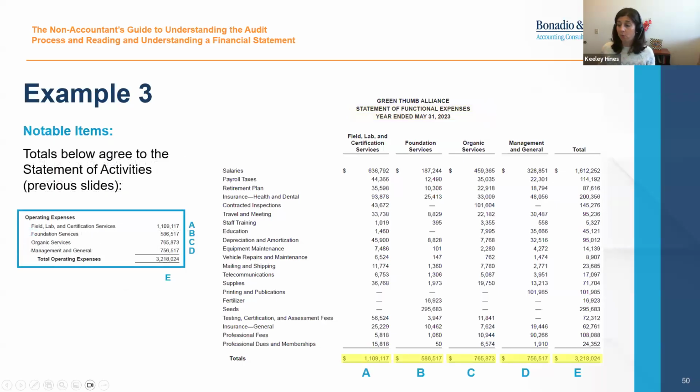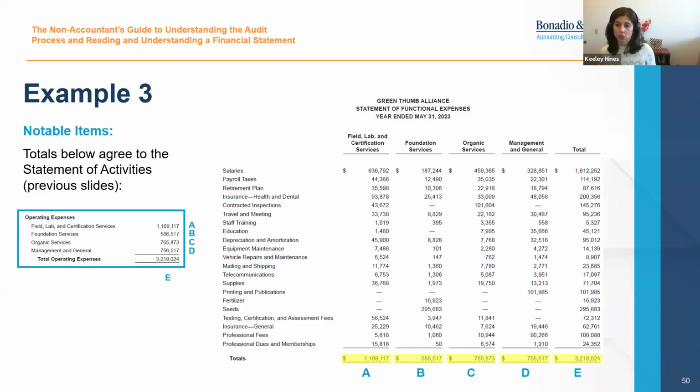So you saw the 1.109, the 586, the 765. And this then allows for you to say, okay, but what does that make up in running that program? How much is salaries? How much is staff training? How much is supplies? So that you can really see what does it take to run that particular program.